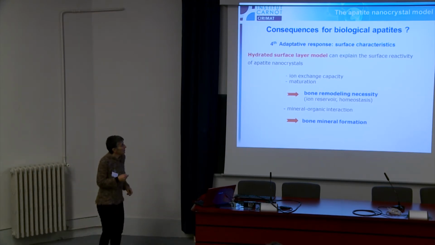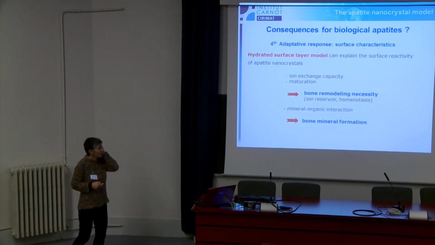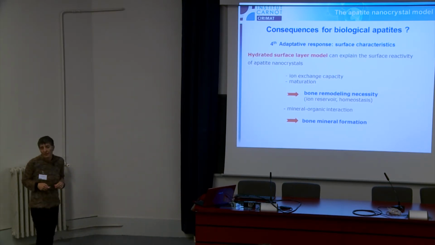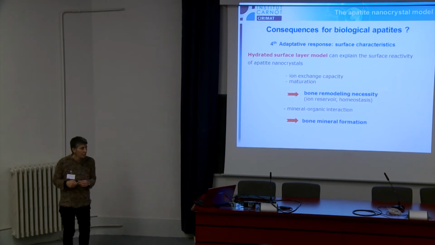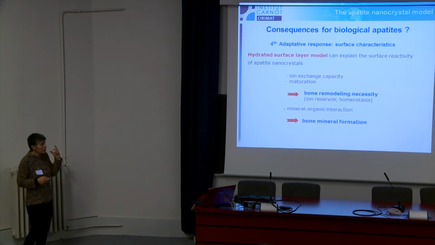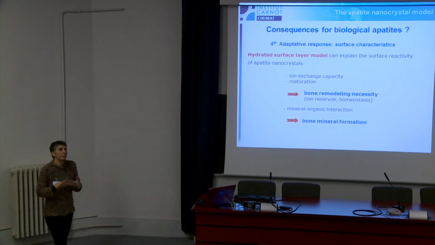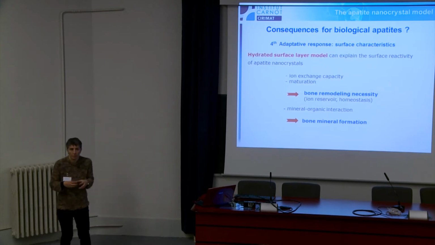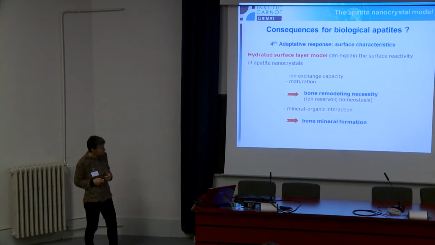So this model of hydrated surface layer can explain the surface reactivity of the apatite crystals, especially the ion exchange capacity, the maturation ability of bone, and also the necessity of bone remodeling if we want to preserve the reactivity of bone, especially its exchangeability.